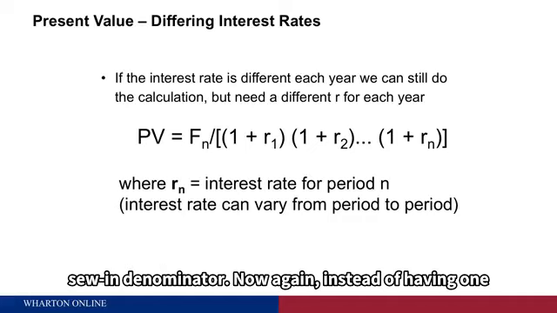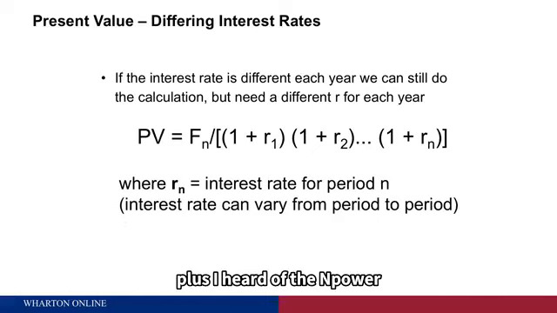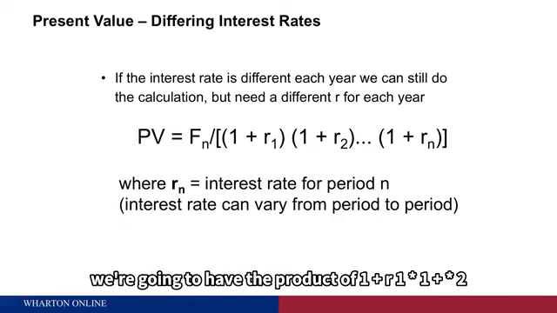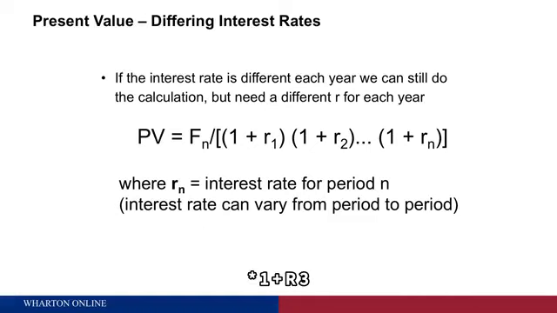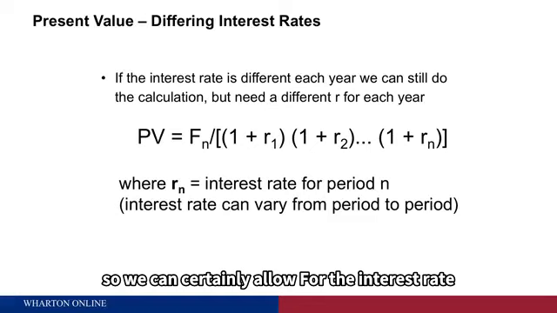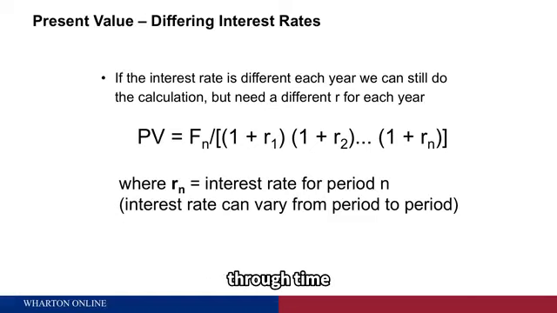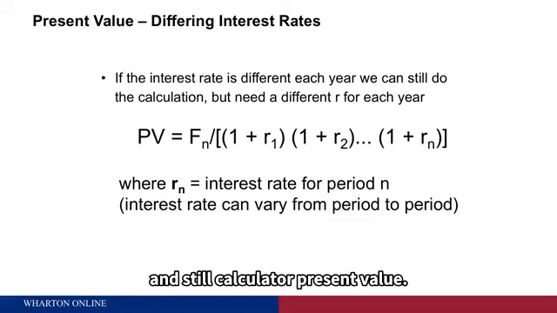So in the denominator now, instead of having 1 plus R to the nth power, we're going to have the product of 1 plus R1 times 1 plus R2 times 1 plus R3, etc. And so we can certainly allow for the interest rate to vary through time and still calculate a present value.